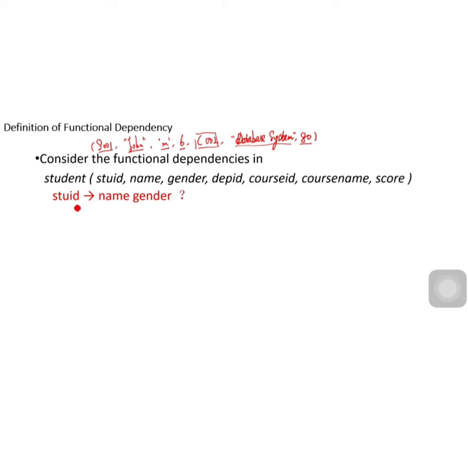And in the requirement, I said a student has only one name, one gender. So they must have the same value on name and gender. These two tuples about one student must have the same value on name and gender. So it holds.